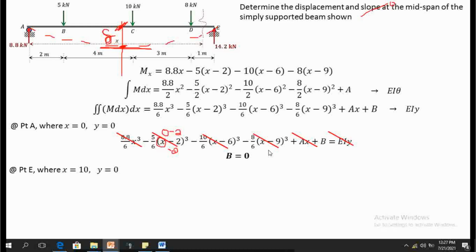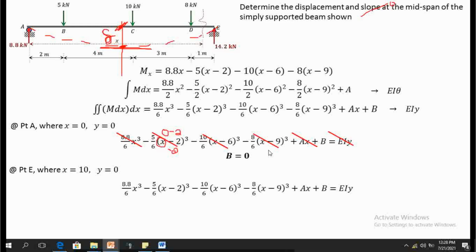So, if I'm going to consider now point E, the same equation ko sa EIy, ngayon this time, the value of my x is 10. So, kokopyahin ko lang ulit yung equation na 8.8 over 6 x cubed minus 5 over 6 (x minus 2) cubed minus 10 over 6 (x minus 6) cubed. Okay, yung equation na yun, kokopyahin ko lang.